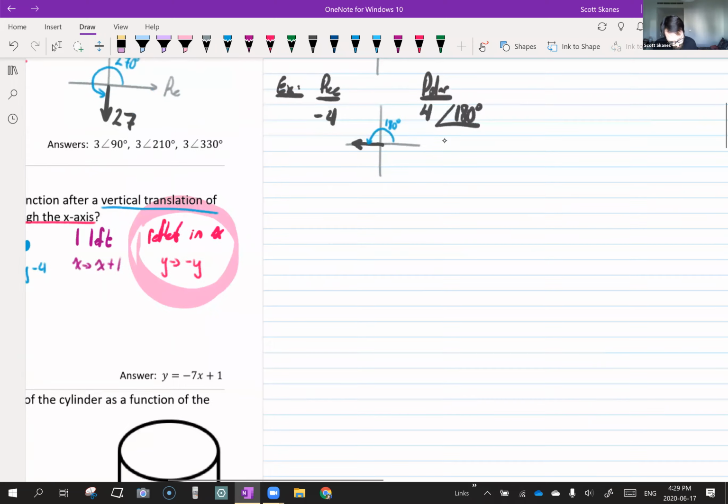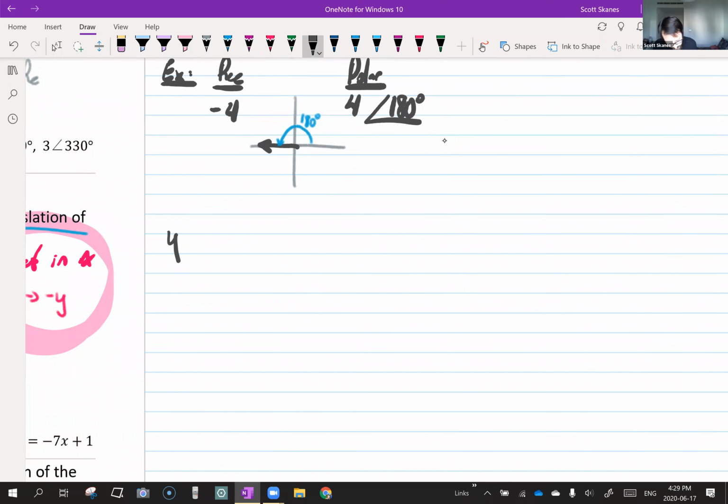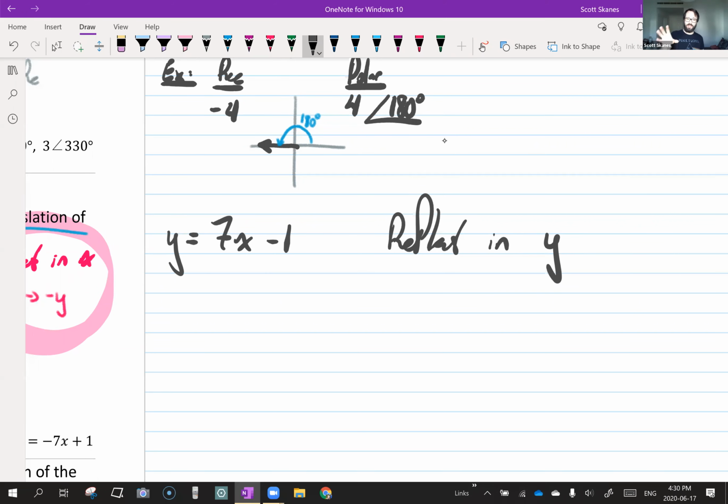Let's just say you had y equals, let's just say we started with this, and I wanted you to reflect it in the y. What you would do, because you're reflecting in y, sorry, you want to reflect it in y, change all the x values.